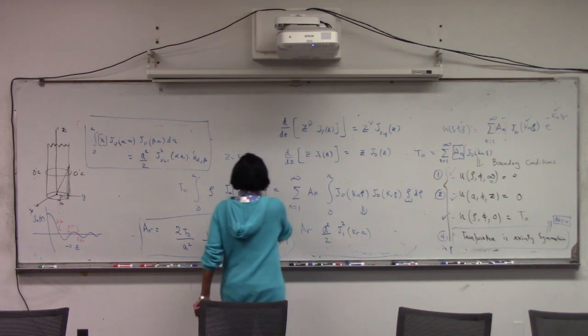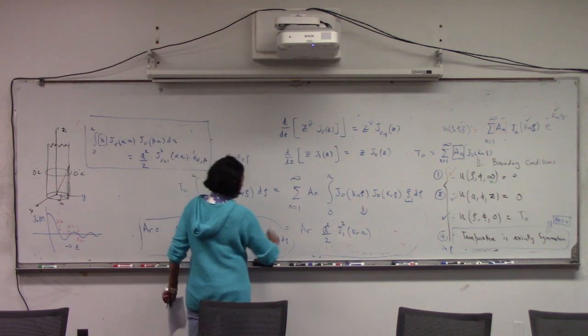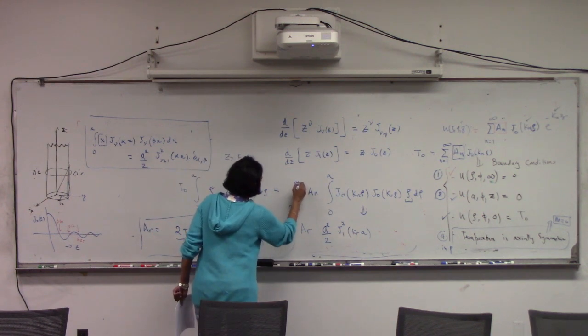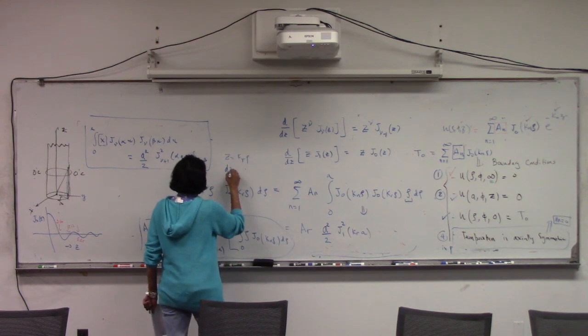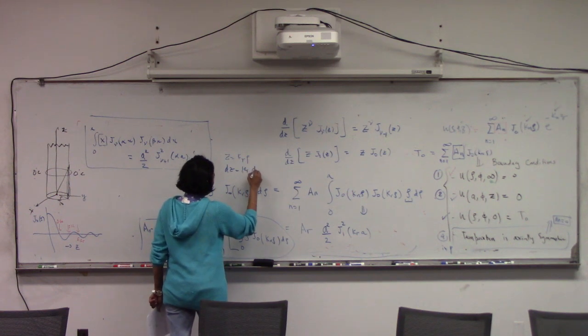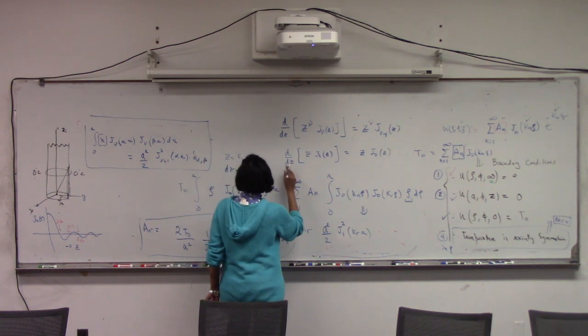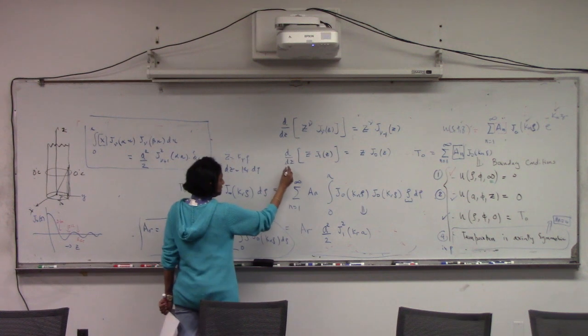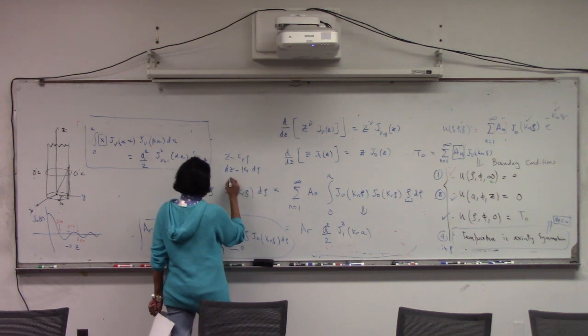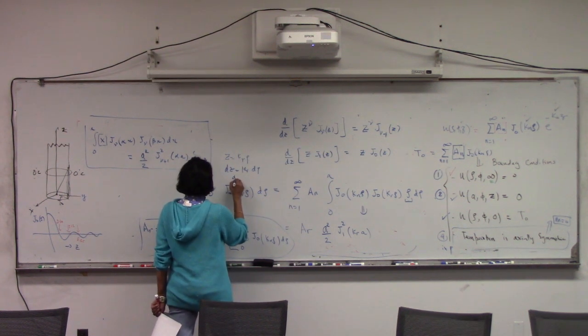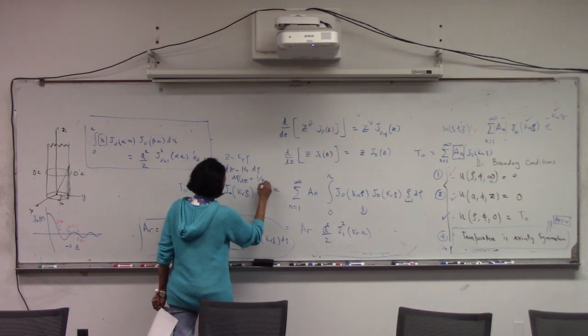And then let's put z equal to kr rho. And what do I get? dz is kr, which is some constant, times d rho. So this is d over d rho, and d rho over dz is 1 over kr.